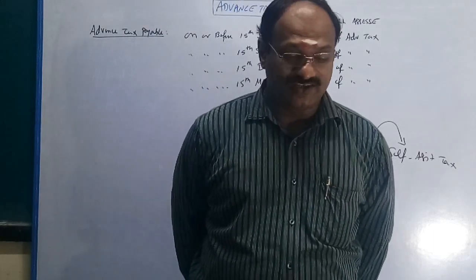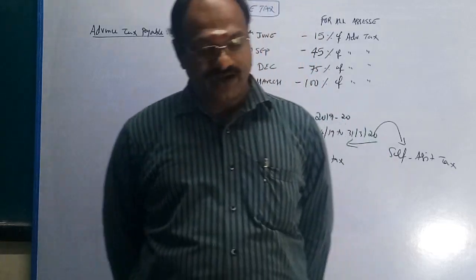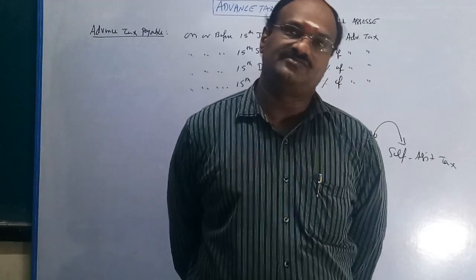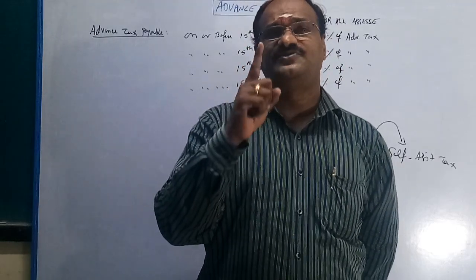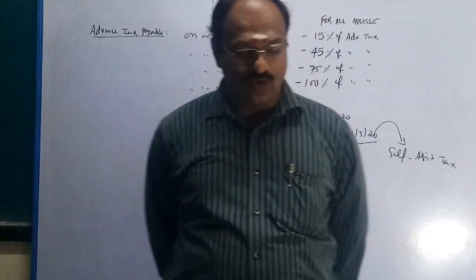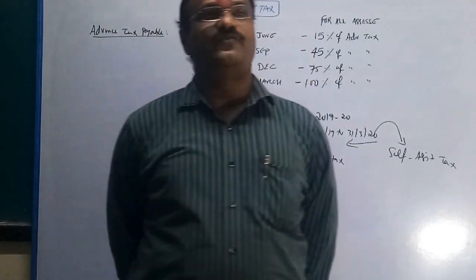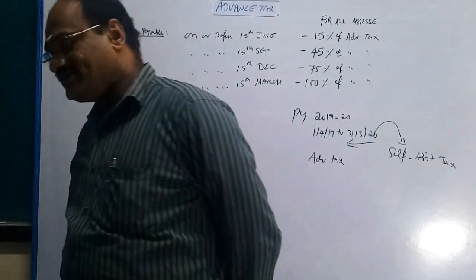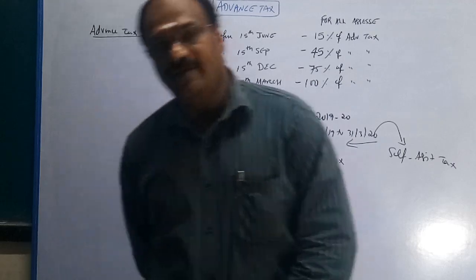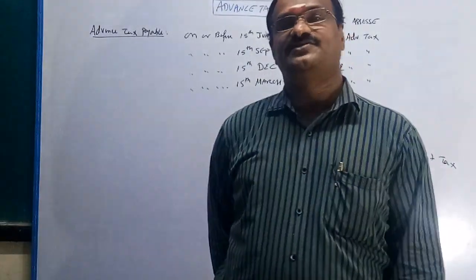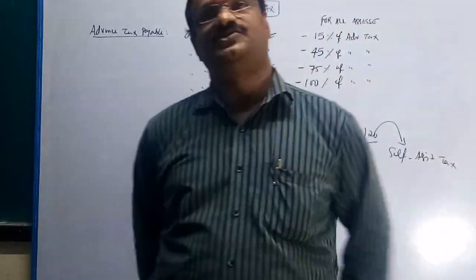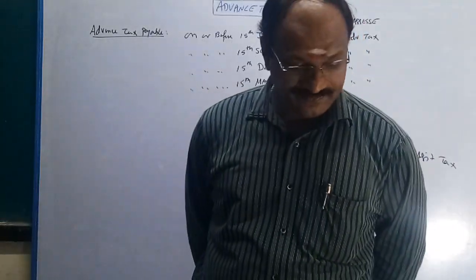An assessee who has opted for scheme section 44AD or 44ADA shall pay the advance tax in one lump sum, the whole amount in one installment, on or before 15th March of the relevant previous year.